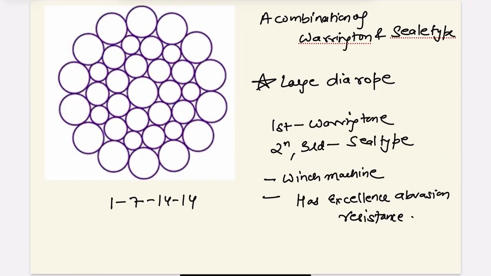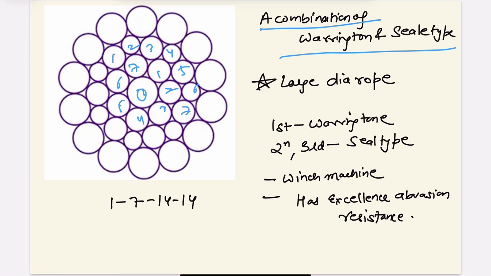Now there is a third, the combination of both Warrington type and Seale type. What happens in this? The first layer, here the first circle is 1, okay, then 1 2 3 4 5 6 7, then 1 2 3 4 5 6 7 8 9 10 11 12 13 14, then again 1 2 3 4 5 6 7 8 9 10 11 12 13 14.